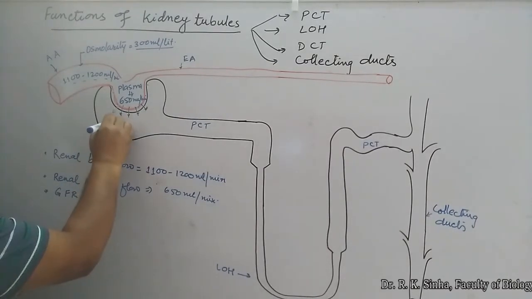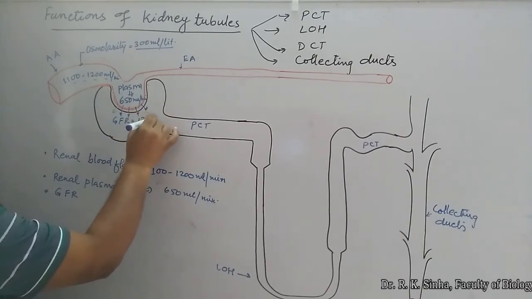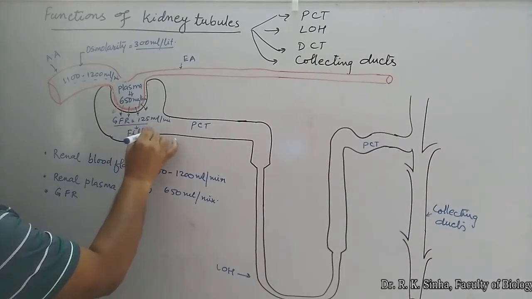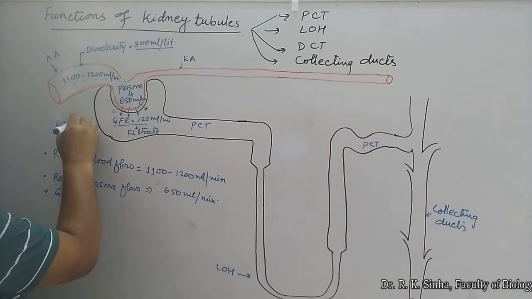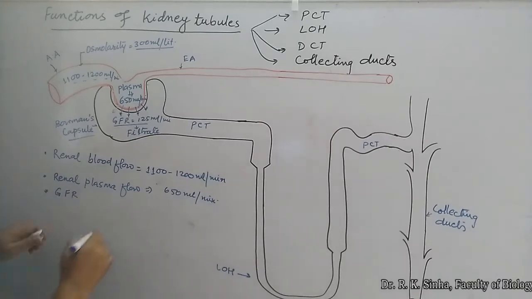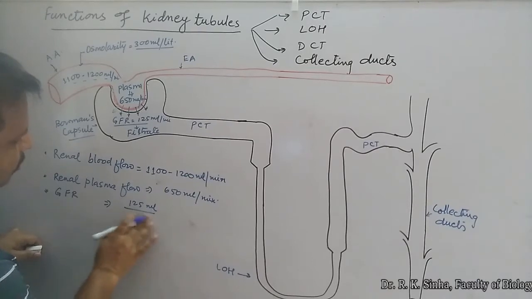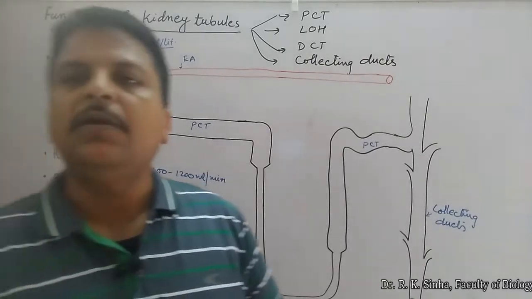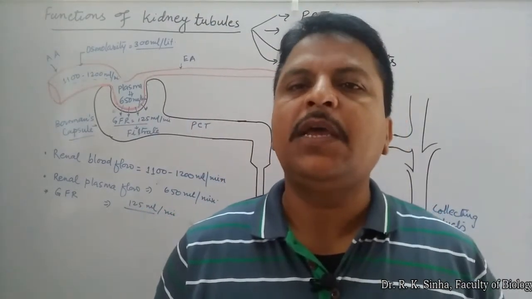GFR, as we have already studied, is 125 ml per minute, and this is the filtrate accumulated here in Bowman's capsule. So GFR is equal to 125 ml per minute.